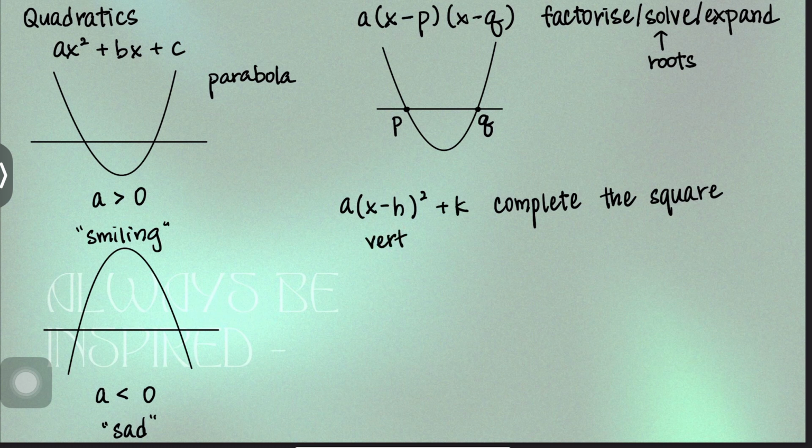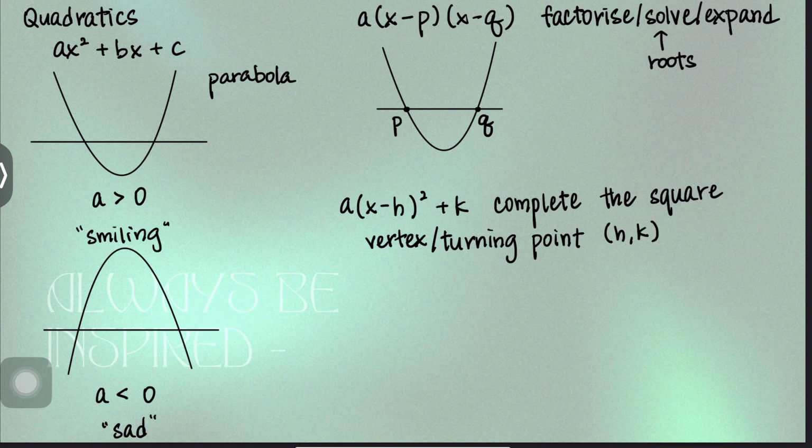The vertex can either be the maximum point or minimum point. And sometimes, rather than calling it the vertex, they call it the turning point. Either way works.